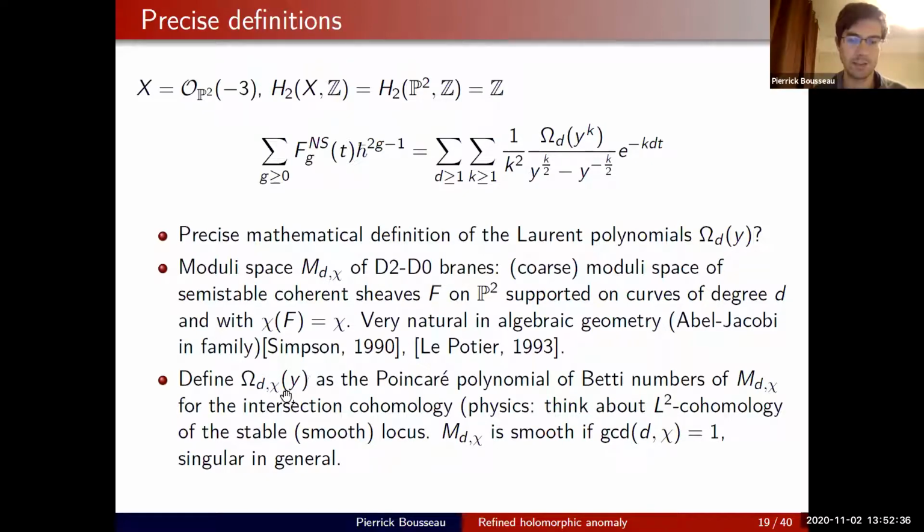And intersection cohomology is some algebraic geometric gadget, which often coincides with these more physically natural L2 conditions. So in first approximation, these omega d chi and y are just constructed from Betti numbers of these moduli spaces. So this moduli space M d chi is smooth if GCD of d and chi is 1 and is singular in general.